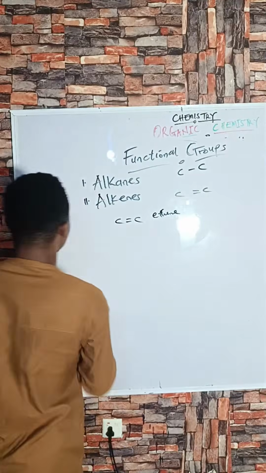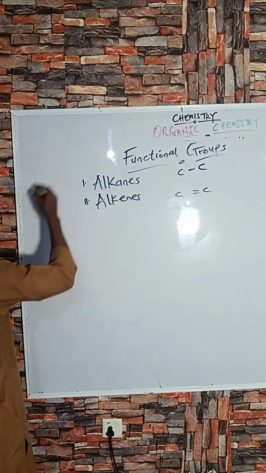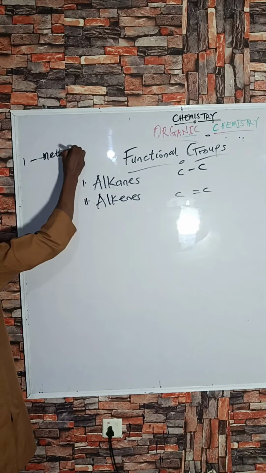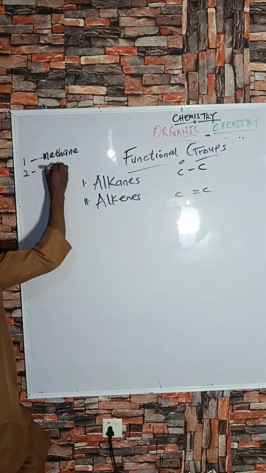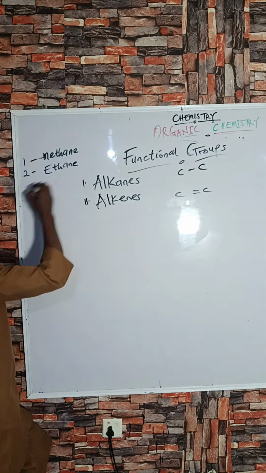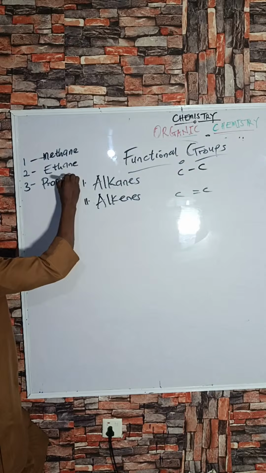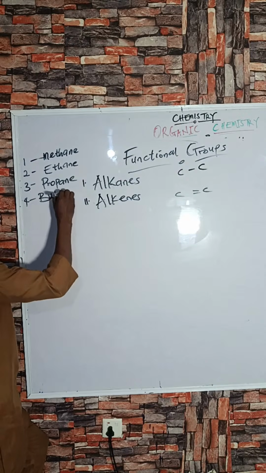And that makes it important for me to list how to remember the names by their numbers. So if it is 1 carbon, we call that met. I'll be using alkane as a reference, methane. If it is 2 carbon, we call that eth, so for alkane, ethane. If it is 3 carbon, we call it prop, so I'll call this propane. If it is 4, I'll call it but, so this is butane.